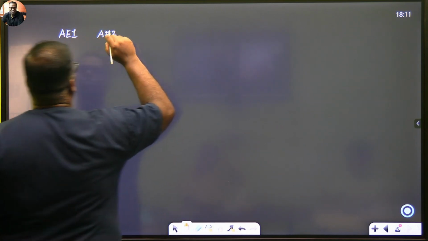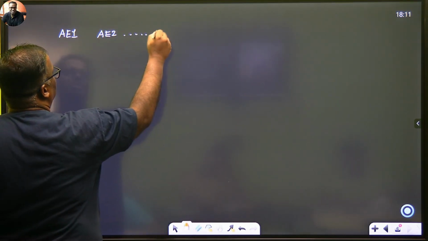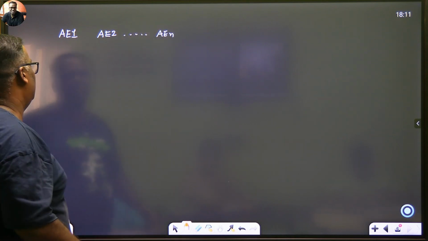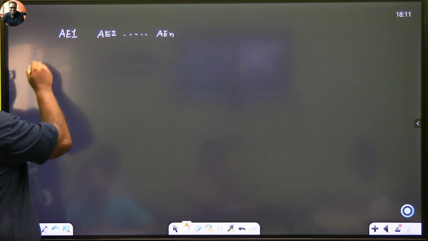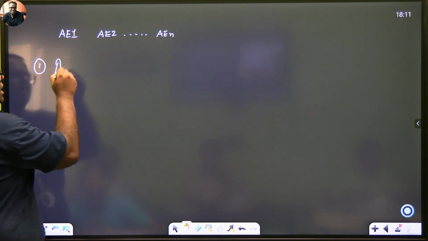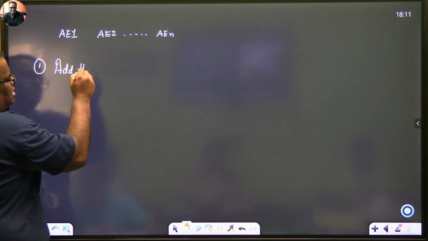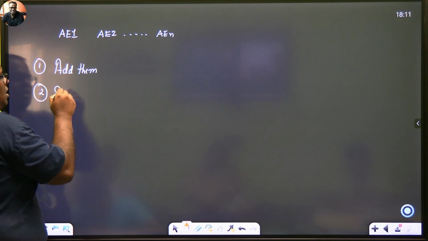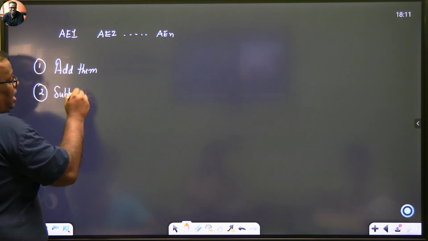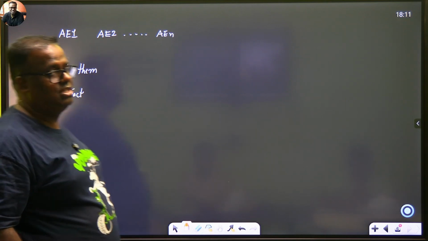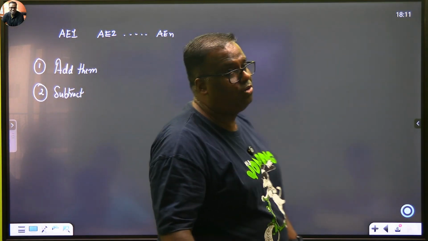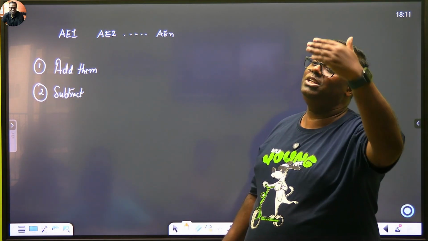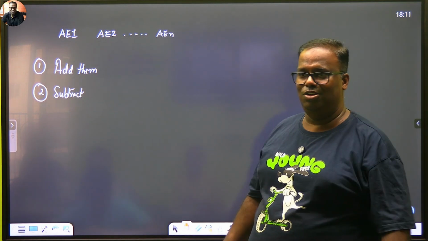Between these two or maybe more, say some AEN, where n can be 3, 4, 5. In this chapter, we have to add them initially. That's the easiest thing that we do. Then we will do some exercises where we will subtract. And again, here you will get questions, subtract blah blah from tla tla. So you should know who should be written on top and who should be written on the bottom.